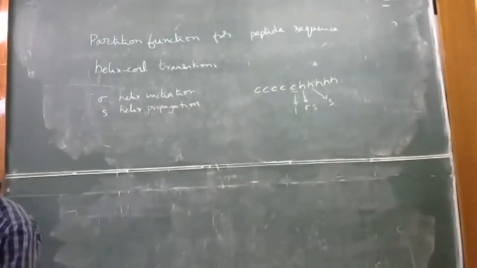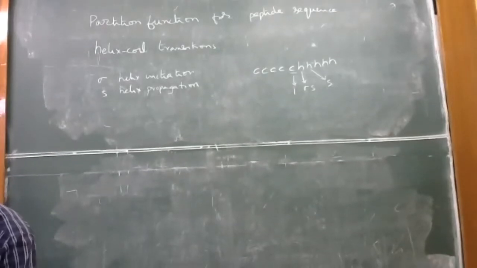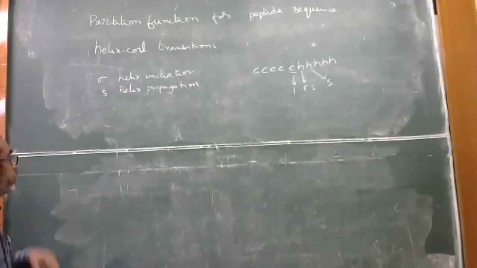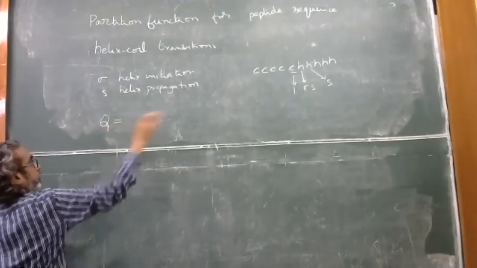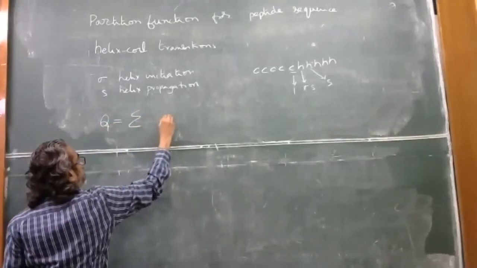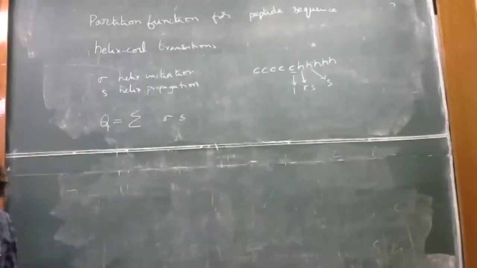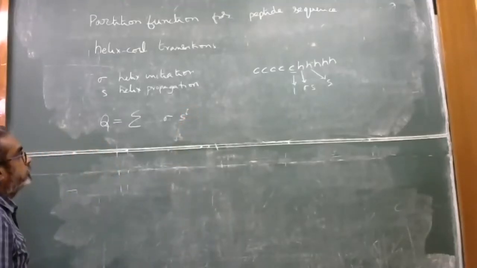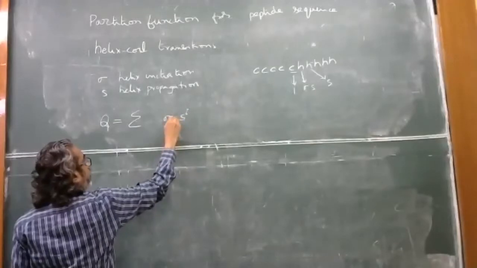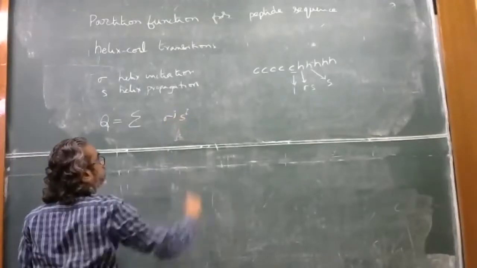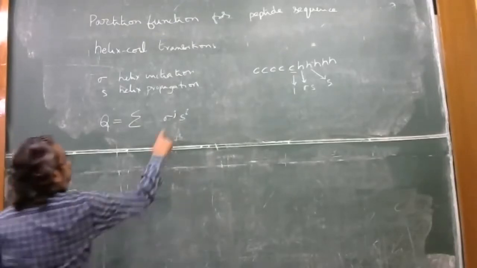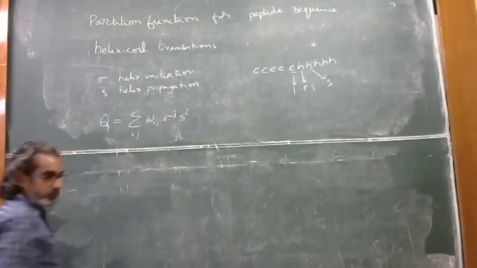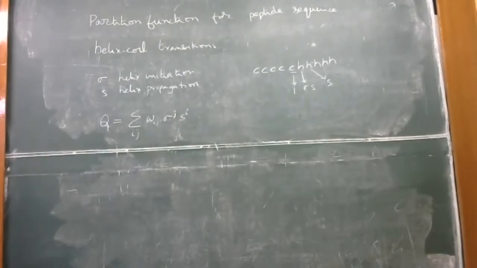Quickly, what we have done, just to highlight: the partition function for any given configuration has sigma and S. If there are I helical residues, you have S to the I, and if you have j helical stretches, then you have sigma to the j, and then any degeneracy. This is what we wrote last class.